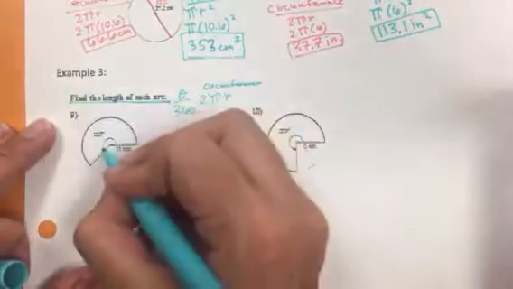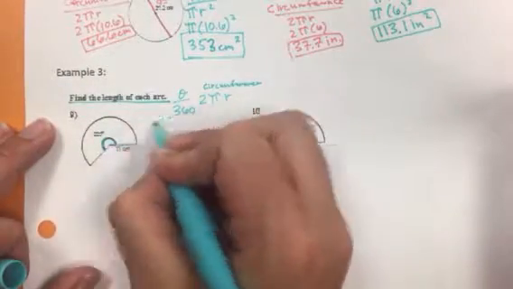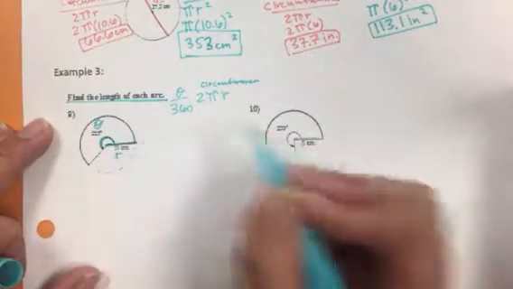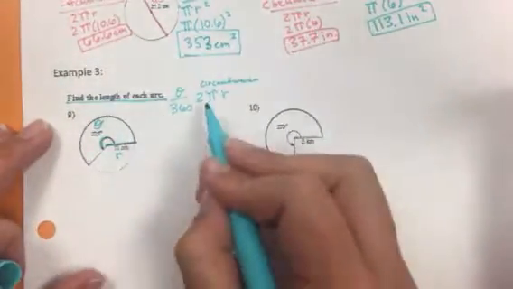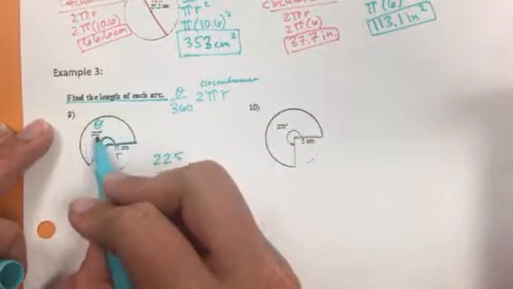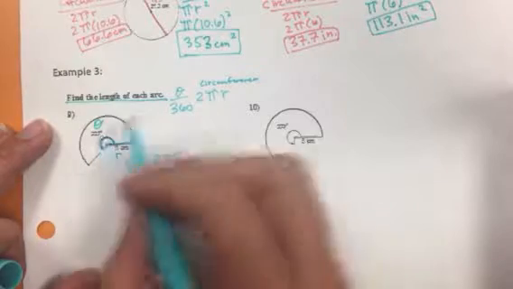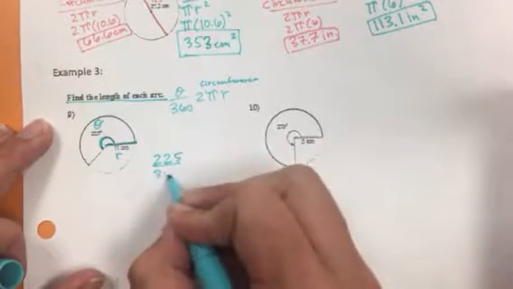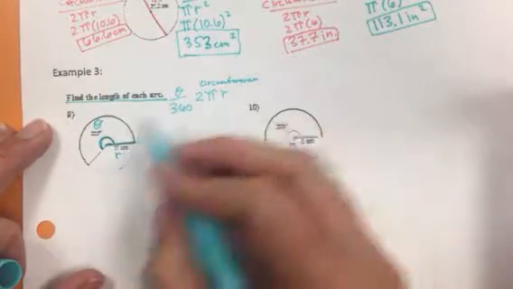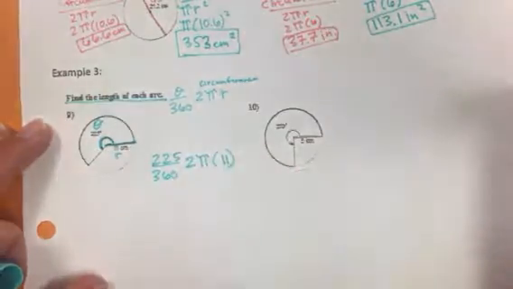So I check the measurement of my angle and the measurement of my radius, and substitute them in. That's 225 over 360, 2 pi times the radius, 11.